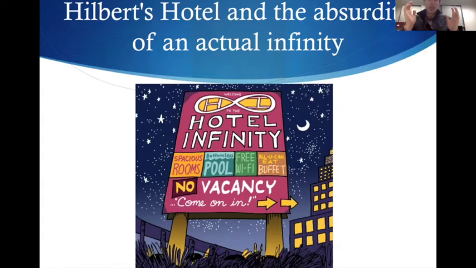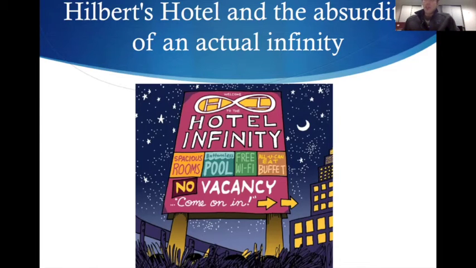So Hilbert's Hotel is just showing that you can't have an actual set of infinity. This doesn't make sense. And the important thing to take away from this is that we've just taken equal quantities and subtracted equal quantities, and we come up with different results. That's how we get the contradiction.